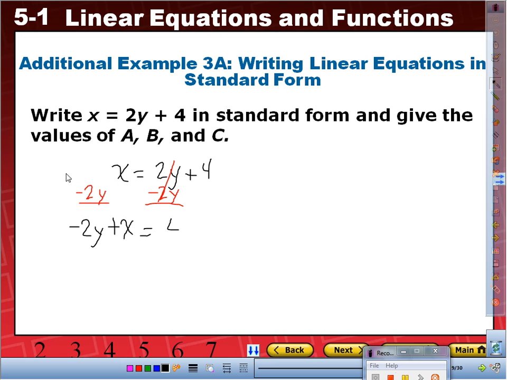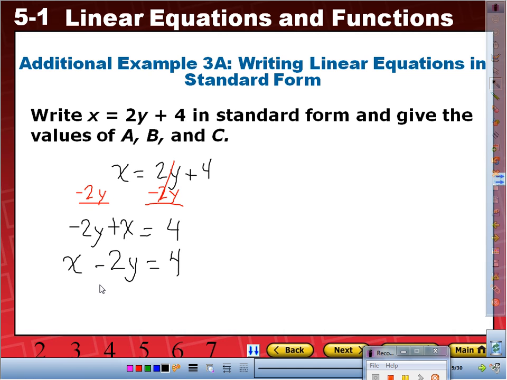I should have written the x at the beginning. First, remember, it's ax plus by equals c. That's standard form. So the x has to always go in the first term. So therefore, let's rewrite this. All I have to do is switch these terms around. So we get x minus 2y equals 4.